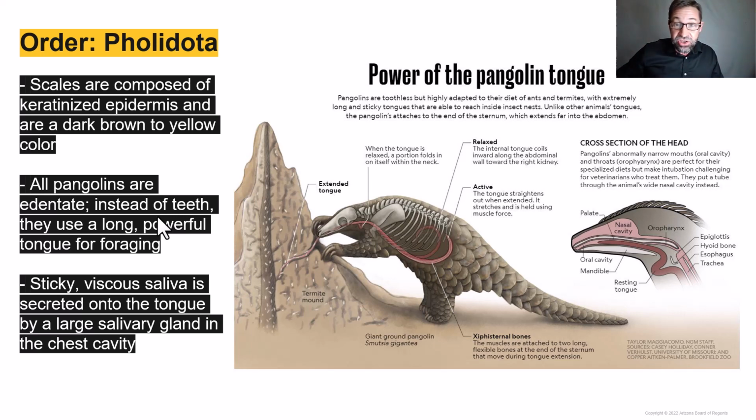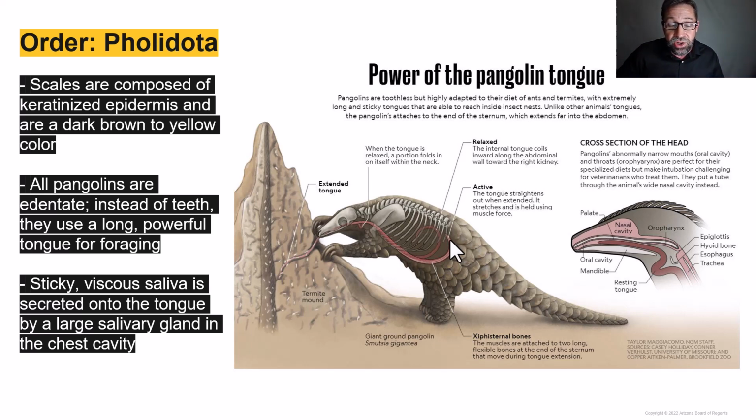The tongue is so long, it's actually anchored to the sternum and is going to extend all the way down practically to the kidneys. Pangolins, like anteaters, have sticky, viscous saliva that's secreted onto the tongue by large salivary glands in the chest cavity and is going to allow those termites to adhere to that tongue.